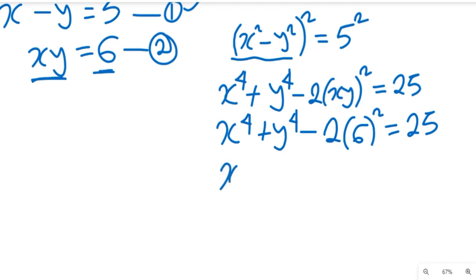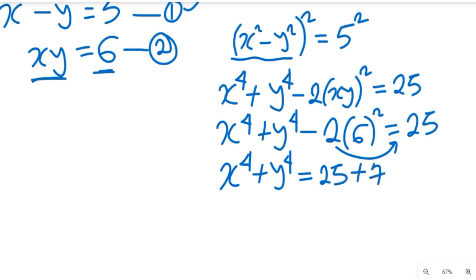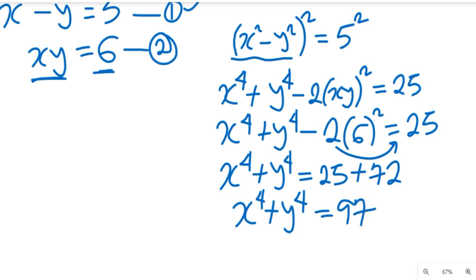So we'll have x to the power of 4 plus y to the power of 4 equal to, this comes over here to give us 25 plus 72. So x to the power of 4 plus y to the power of 4 is equal to 25 plus 72, which gives us 97.